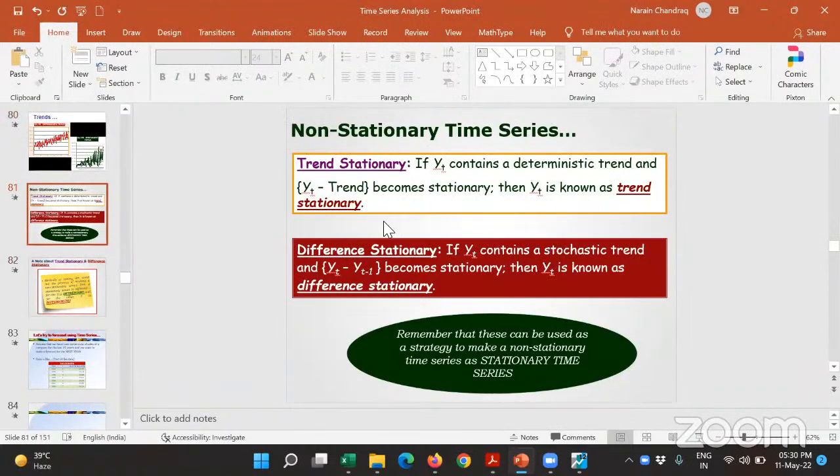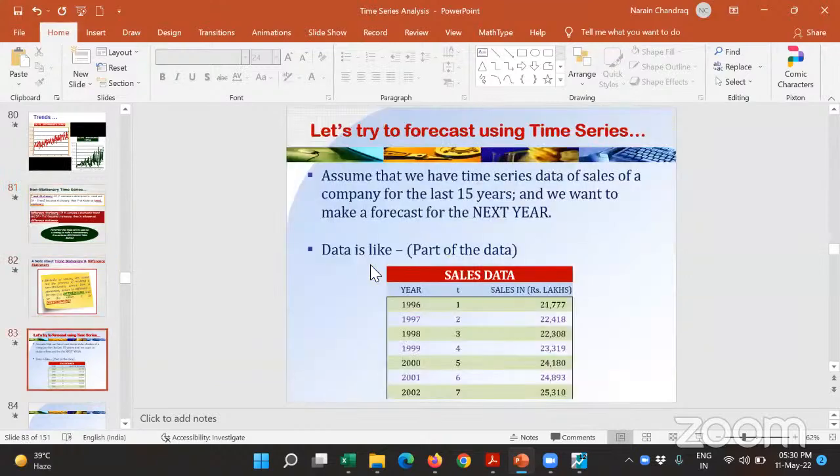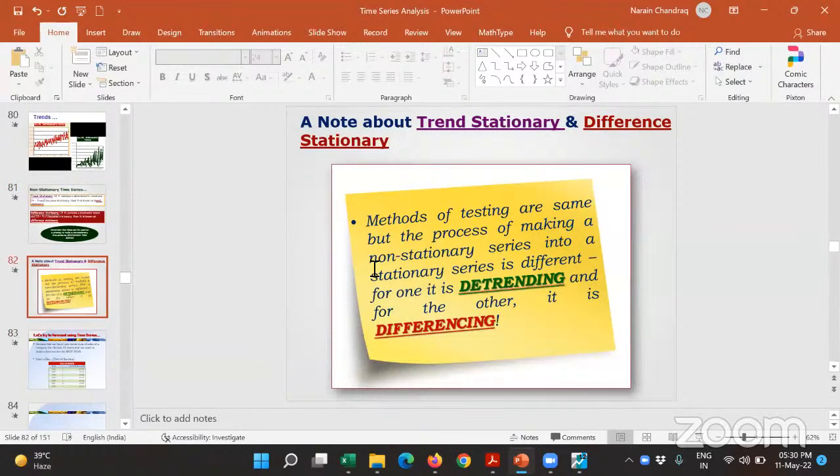So when you have non-stationarity coming from a deterministic trend, you detrend the series. When your non-stationarity comes from a stochastic trend, you difference the series. And when the non-stationarity is due to the structural breaks, you go for the adjustment of the structural breaks by use of the dummy variables itself. So detrending, differencing, and making an adjustment for the structural breaks are the common techniques which have been used to make a non-stationary series into a stationary series.